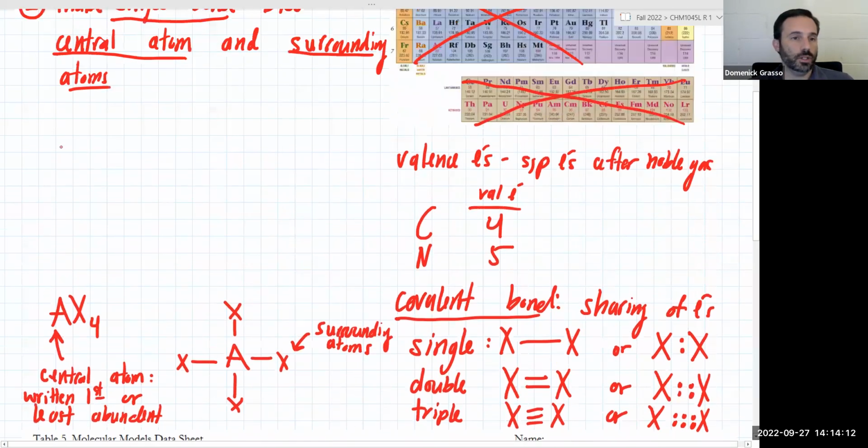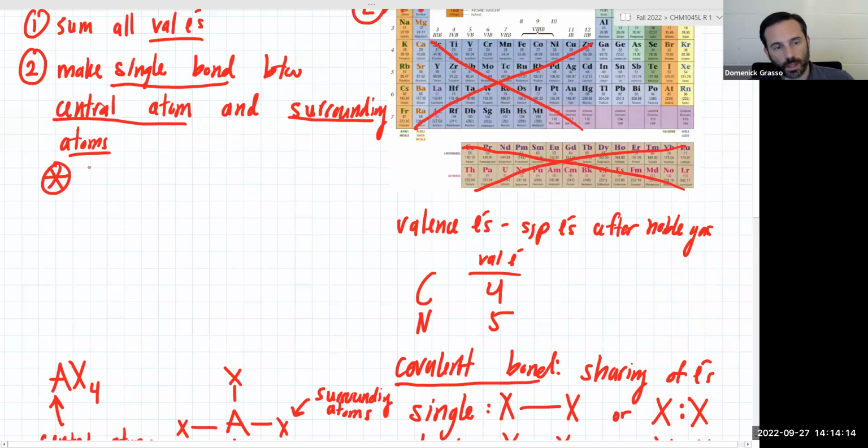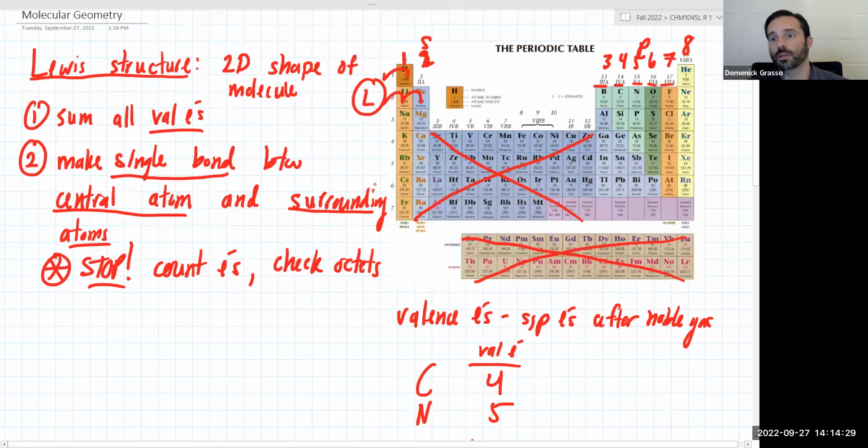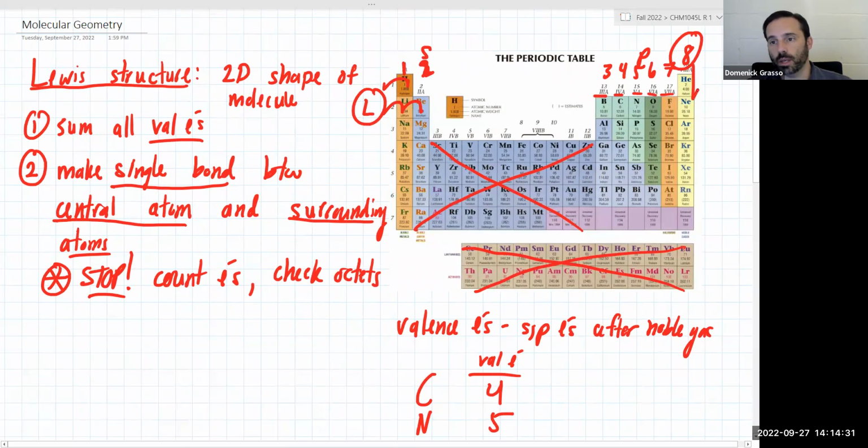After each step, I stop, I count my electrons, and I check for octets. What you may have learned is that octets are 8 electrons. That represents noble gases, and noble gases are very stable. So atoms and molecules want to have octets. They want to see 8 electrons.